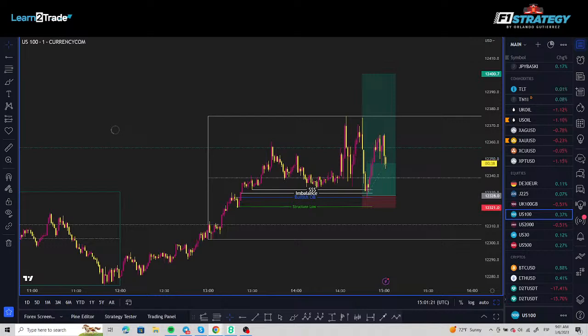Here's my MT5. Here's the trade on my MT5. We took 1 hour here, move stops to break even. Look at that, spot on the buy again. And now we're just waiting for the break of the U.S. session highs. Let's see if buyers are able to do it.